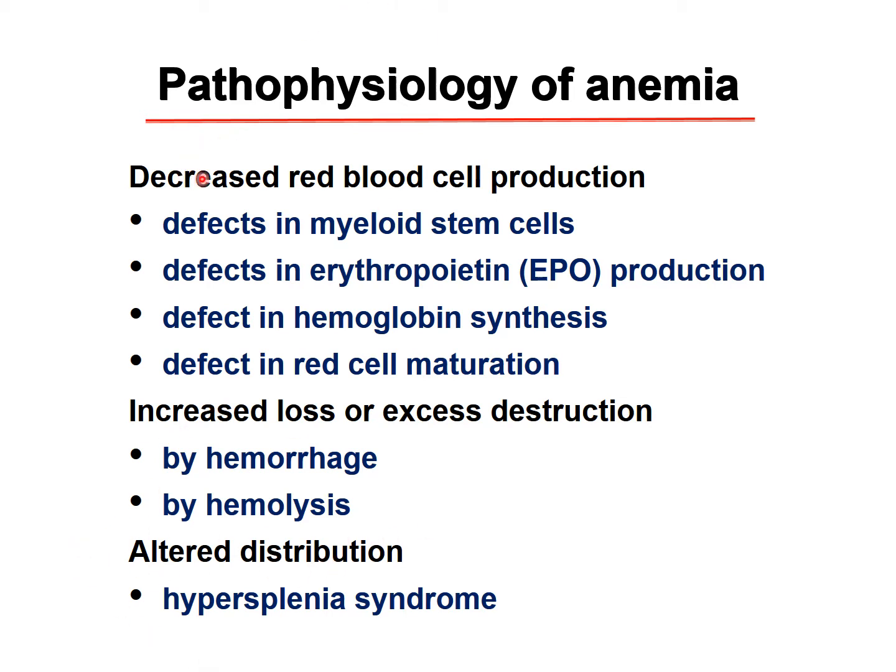Decreased production can be due to the stem cell, the mediators that regulate erythropoiesis, a problem in hemoglobin synthesis, or a defect, for example, in DNA synthesis in cell maturation. Increased loss is mostly due to hemorrhage or hemolysis, some kind of increased destruction.